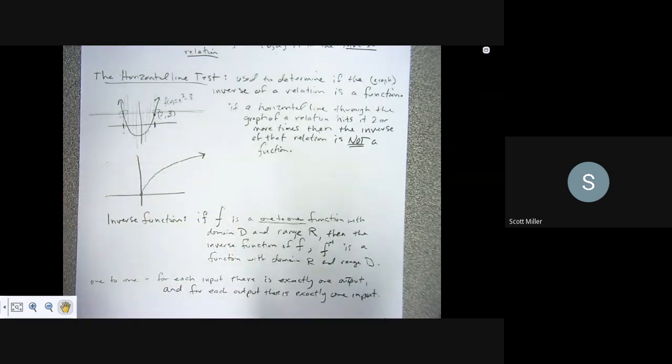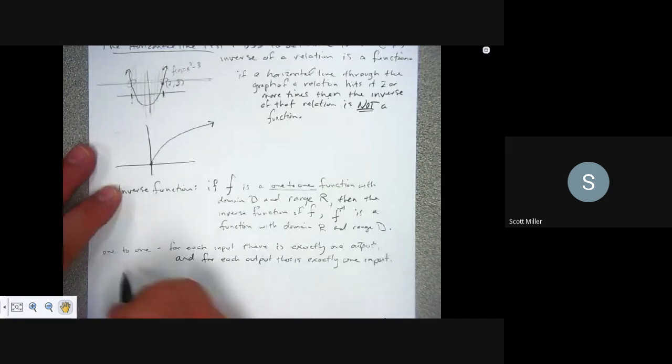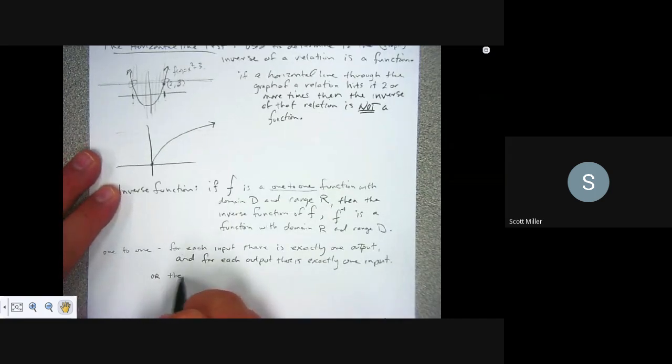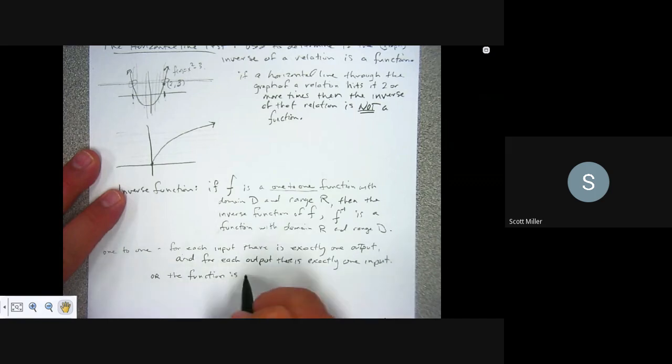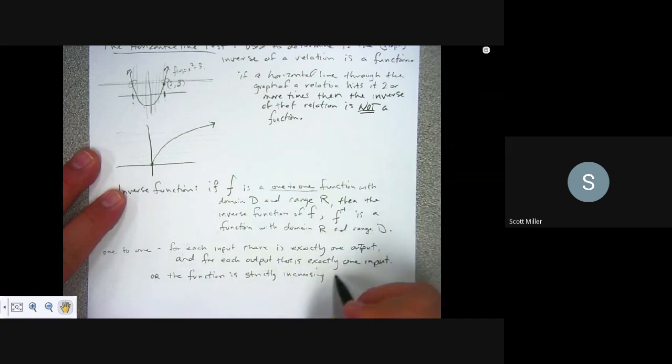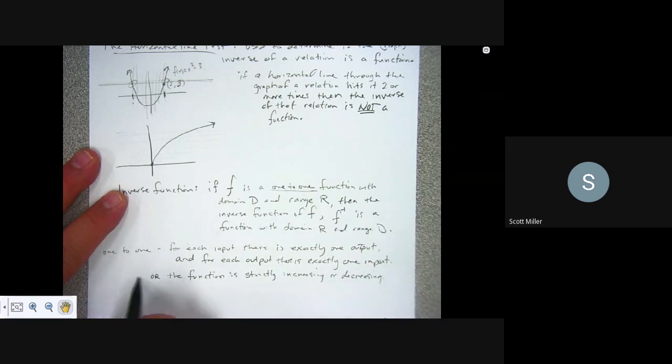Now, here's another way to look at one-to-one too. The function is called strictly increasing or decreasing. So what does one-to-one mean?